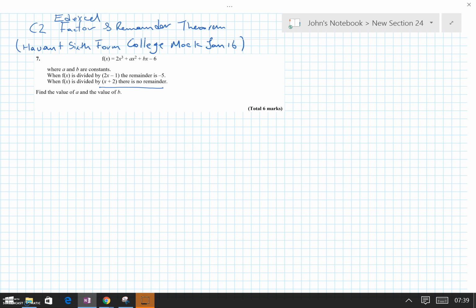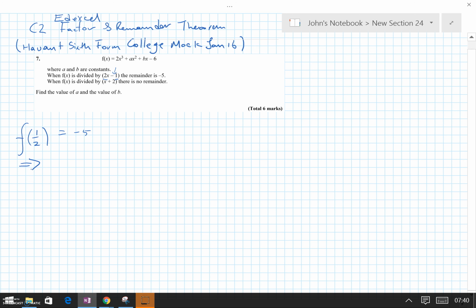Okay, so because this is a factor, we can basically change the sign of this, and we can say that f of a half, 1 divided by 2, changing the sign, must be equal to minus 5.